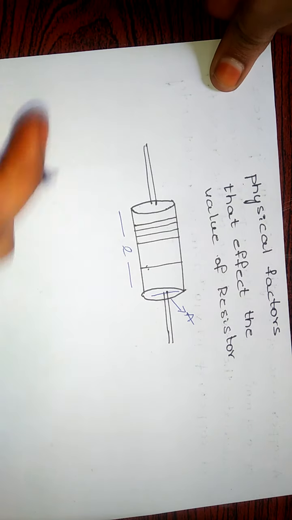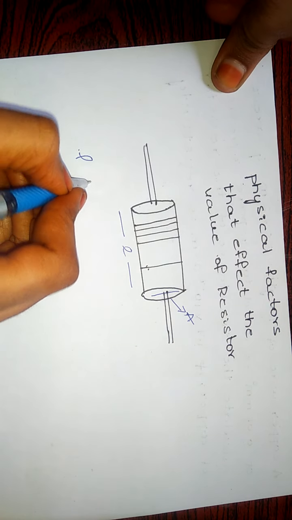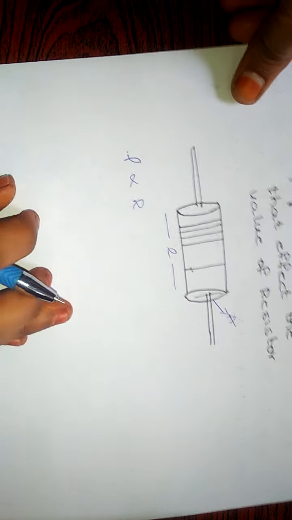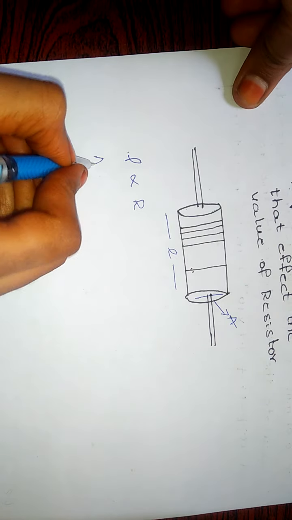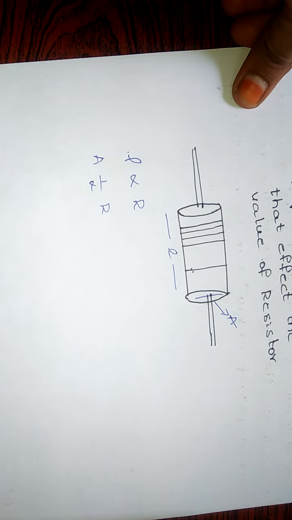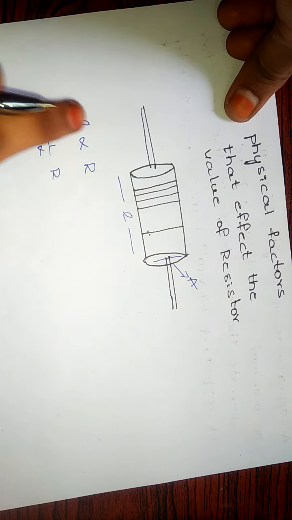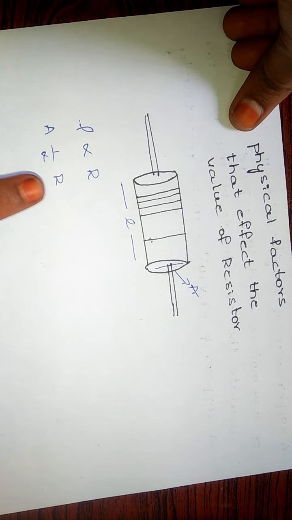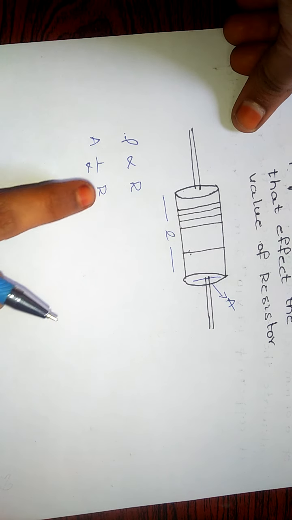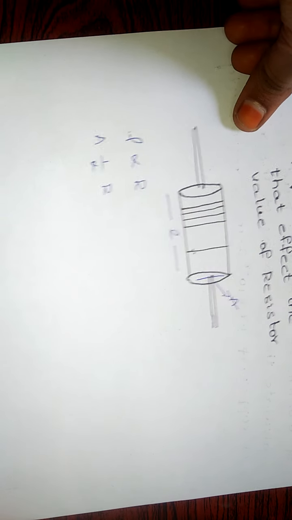Here, length is directly proportional to resistance, and area is inversely proportional to resistance, which means if length is increased, the value of resistance will increase. If area is increased, the value of resistance will decrease.